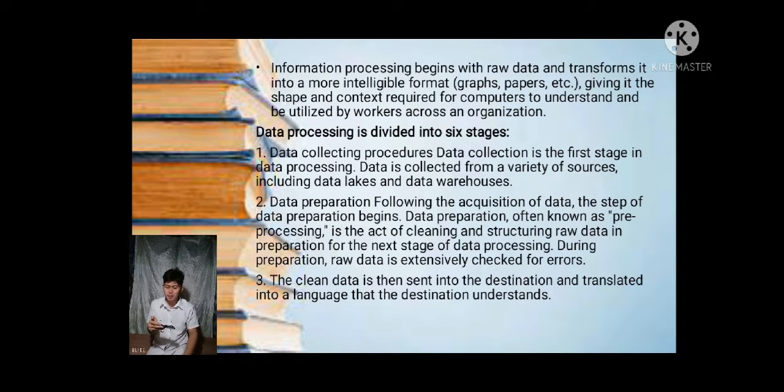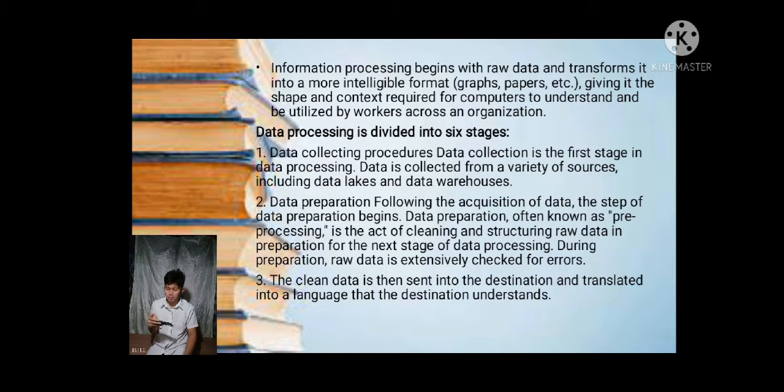Data processing is divided into 6 stages. 1. Data collecting procedures. Data collection is the first stage in data processing. 2. Data preparation. Following the acquisition of data, the step of data preparation begins.